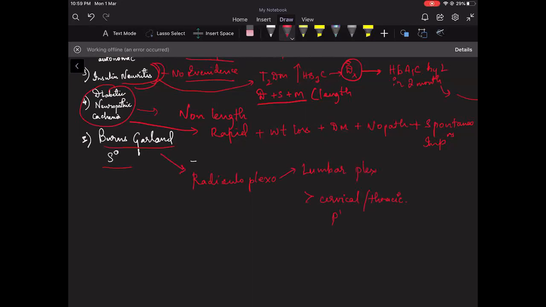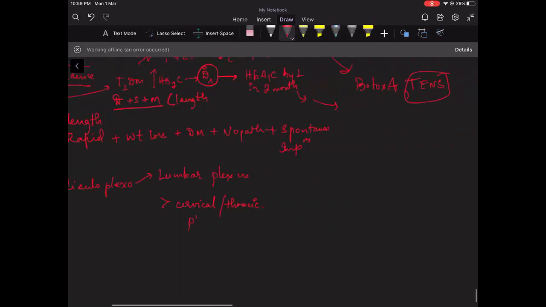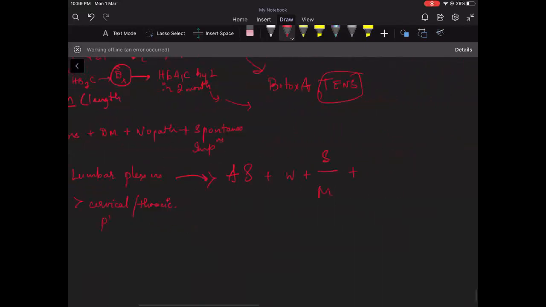So the lumbar plexus will usually be involved, and the patient will complain of asymmetric weakness, and sensory loss, bilaterally, or it can involve the right or left side.